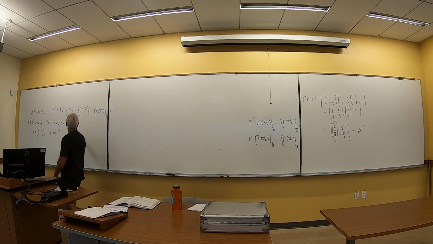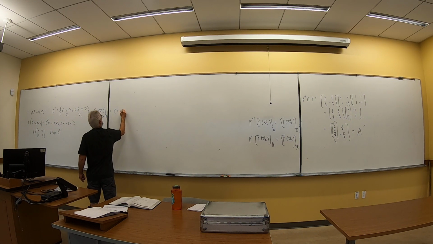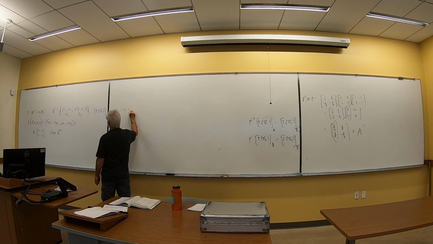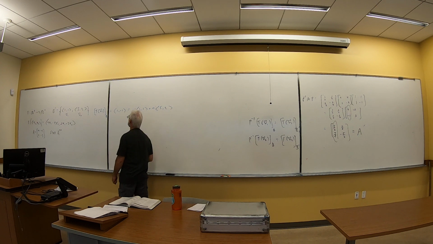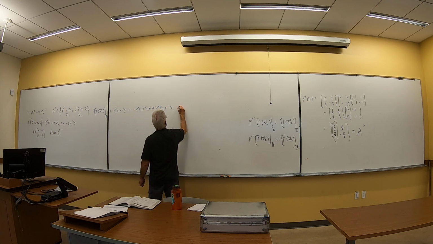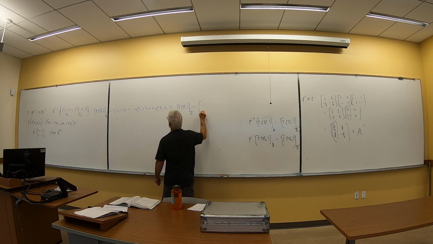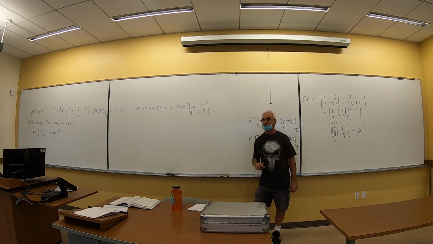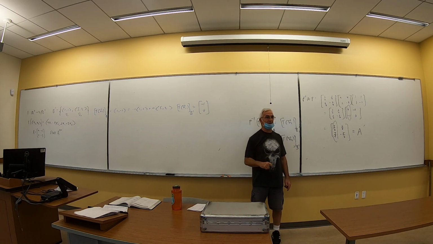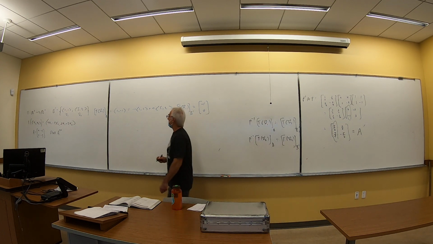A times (-1, -1), which we can see is -1 times (1, 1) plus 0 times (5, 2), okay? Which means that T of V1 relative to the non-standard basis is (-1, 0). Okay, this looks just like the problem we did. The difference is I didn't have to use any algebra to figure that out. I could just see it. It was right there.